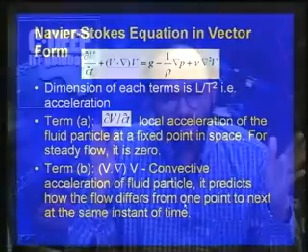When the fluid is flowing from one place to another depending upon the pressure difference, there is the local acceleration, as we have already seen, and then the convective acceleration. The velocity of the flow takes the flow from one place to another, so it is called convective acceleration.